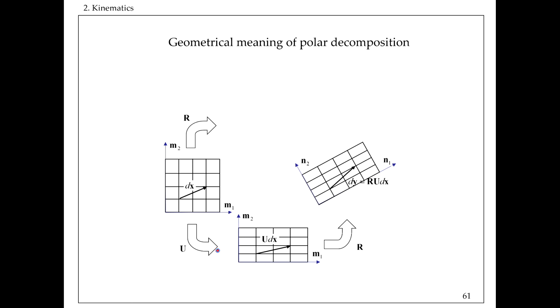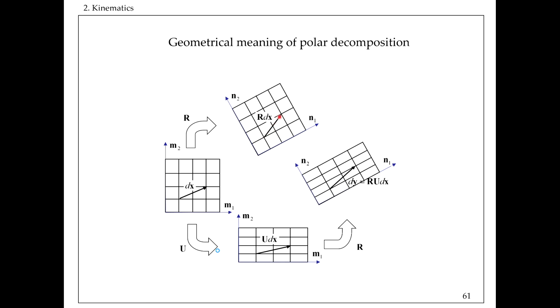When we go with the left one, with this sequence, first rotate and then apply the left stretch tensor, what we do is map our initial undeformed line element, the vector dx, into the rotated one, in n1 and n2, in 2 dimensions.